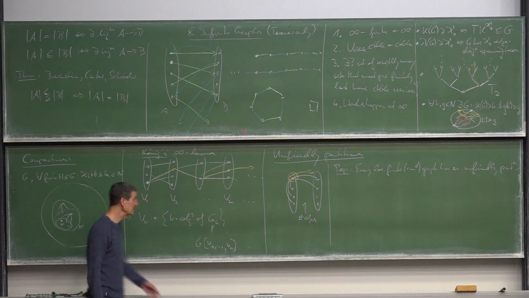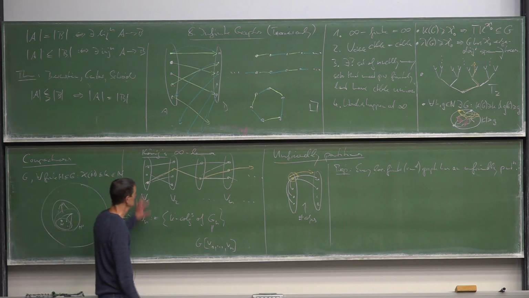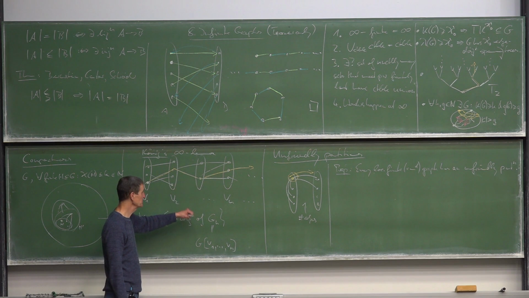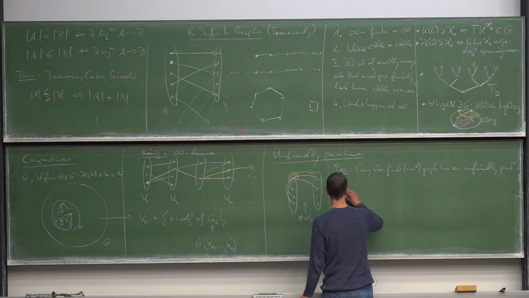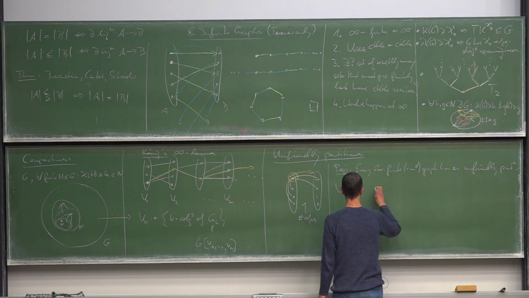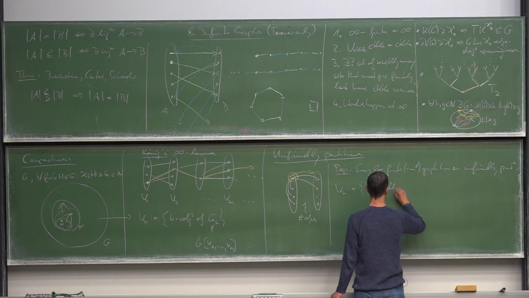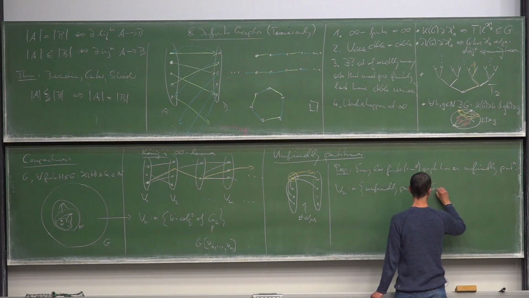Yeah, but it's not clear that we can always extend the partition that we have found to a bigger finite subgraph. And so the first proof idea to use König's lemma would be to define Vn as the set of all unfriendly partitions of Gn.